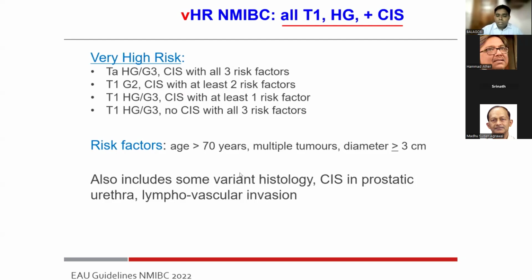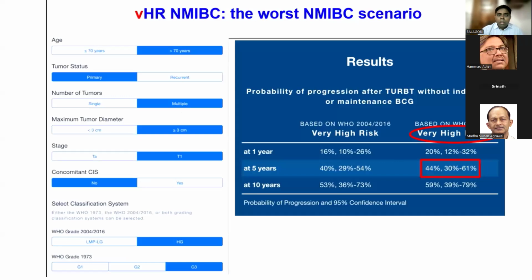So very high risk. Now, as Prof. Hamed said at the start, the very high risk cancer has a risk of progression of almost 20% at the end of 1 year and almost 44 to 50% at the end of 5 years. So there's a high risk.